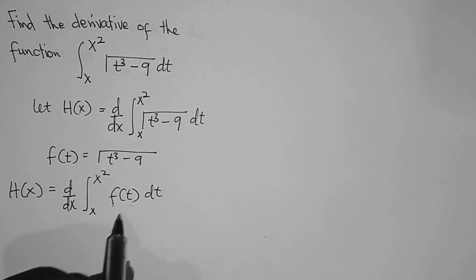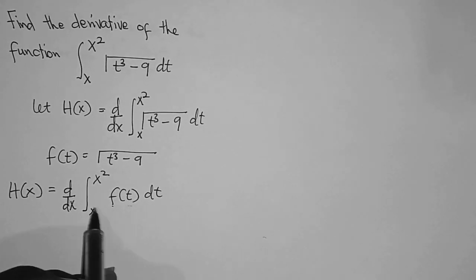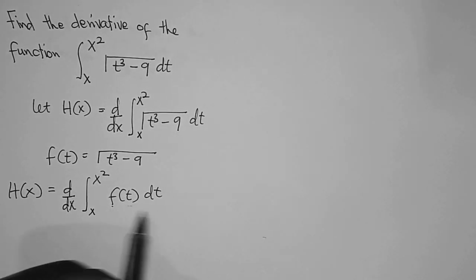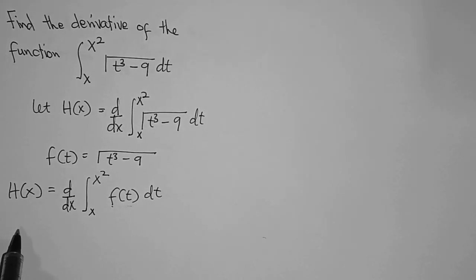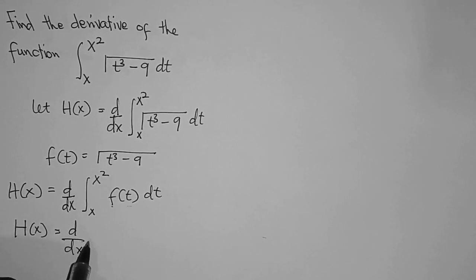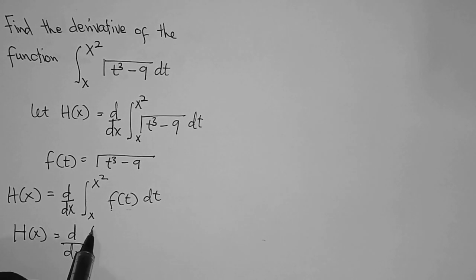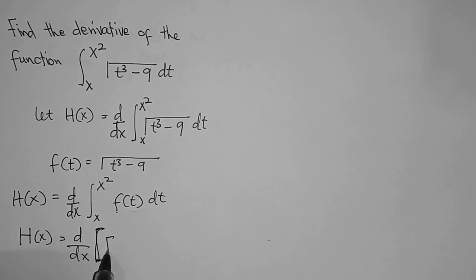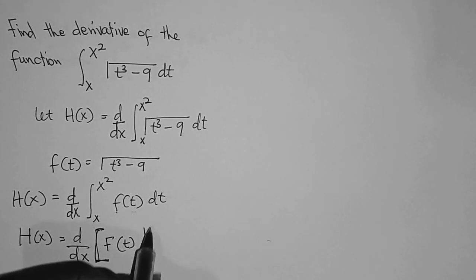However, according to the fundamental theorem of calculus, if we integrate small f of t, we are going to get capital F of t. So therefore, h of x is equal to d dx of capital F of t evaluated at x and x squared.